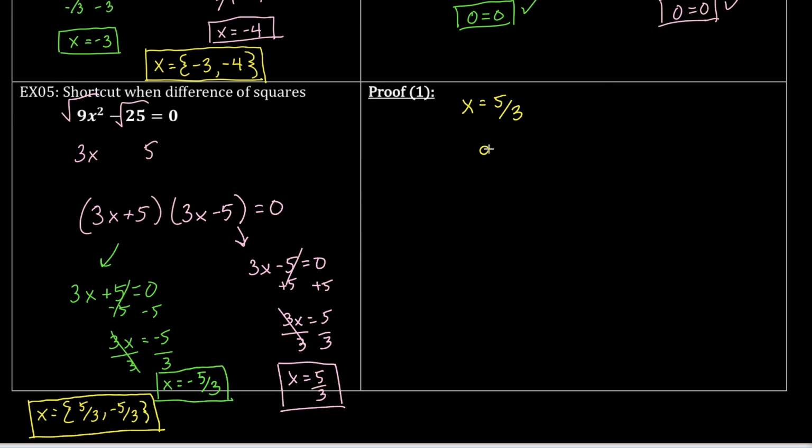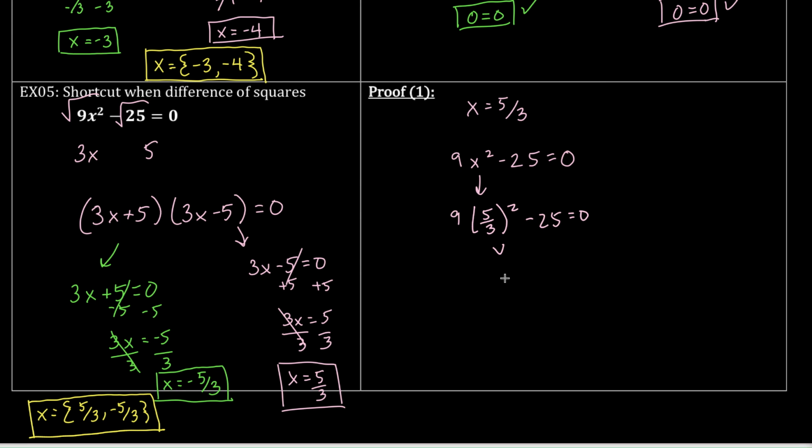So I get 9x squared minus 25 equals 0. So 9 times 5 over 3 squared minus 25 should give me 0.